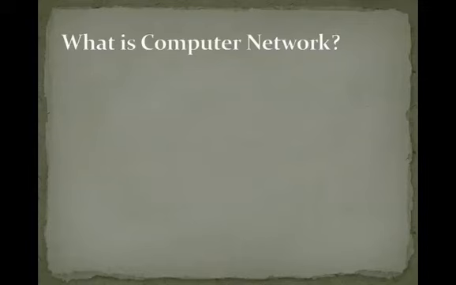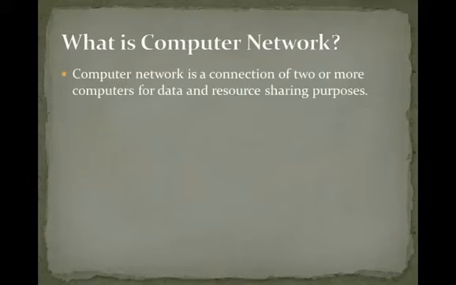What is computer network? Computer network is a connection of two or more computers for data and resource sharing purposes. When you are to define computer network, one of the key terms that you should always pay attention to is the term connection.